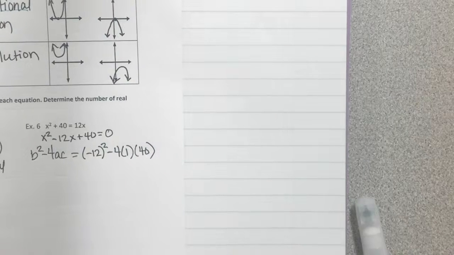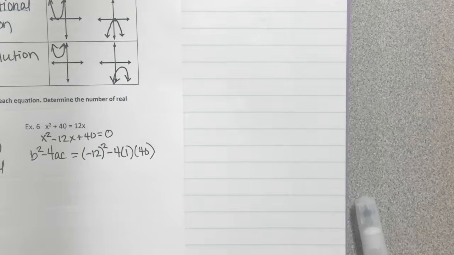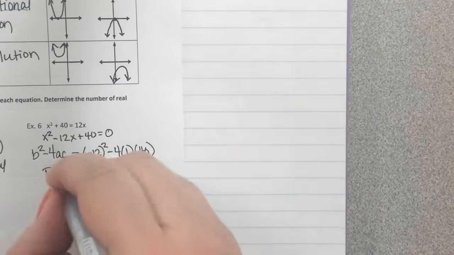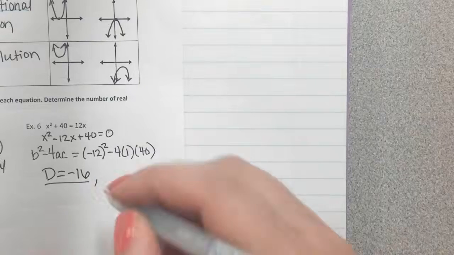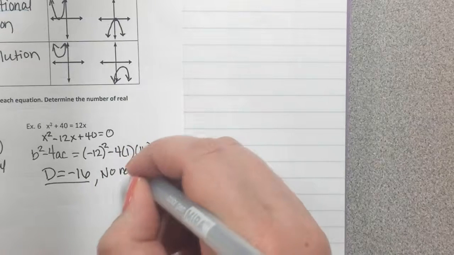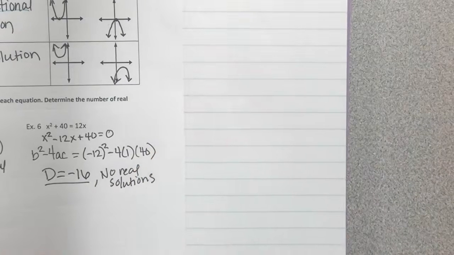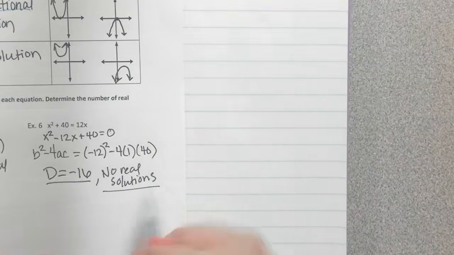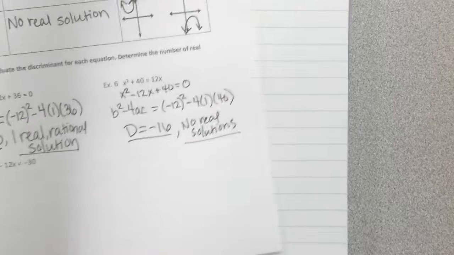Luckily, all I have to change in my calculator is just c. So for this one, the discriminant equals negative 16. So that means there are no real solutions. Gee, I wonder what the last one's going to be.